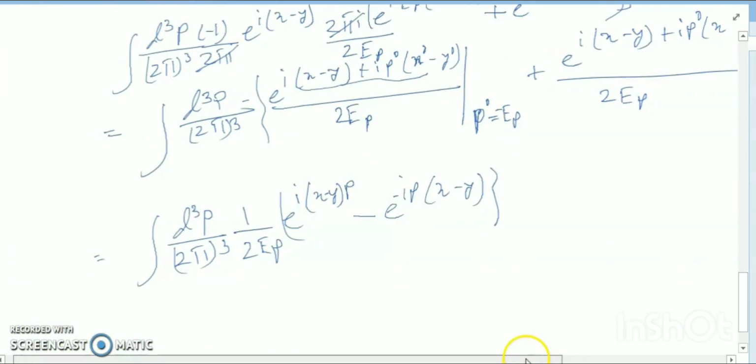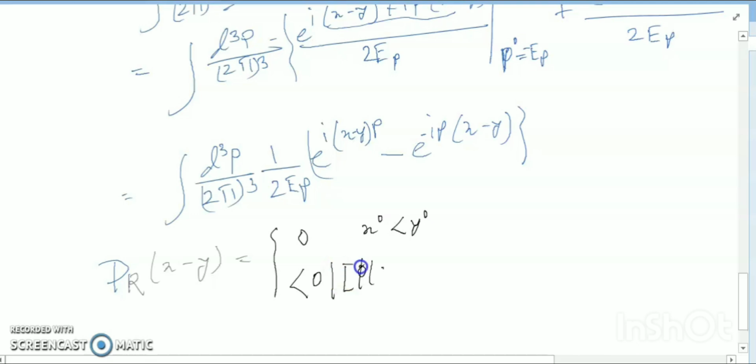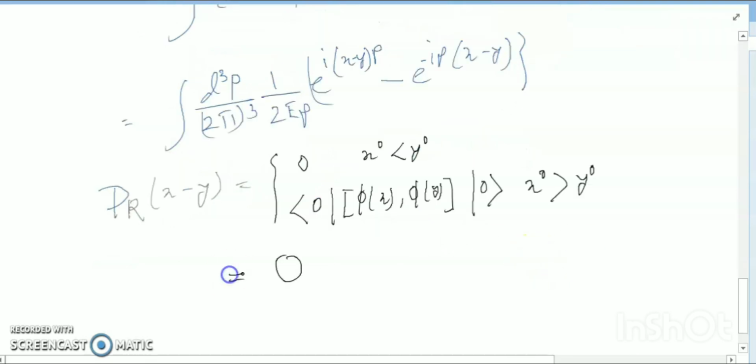Now I can write this operator this way, x minus y, where x0 greater than y0, that can be written as capital theta x minus y, and this is a sandwich, capital theta times the phi x, phi y, because capital theta is equal to the unit step.